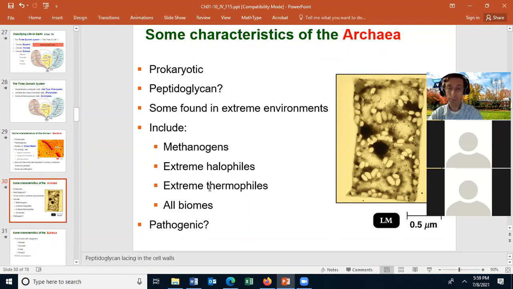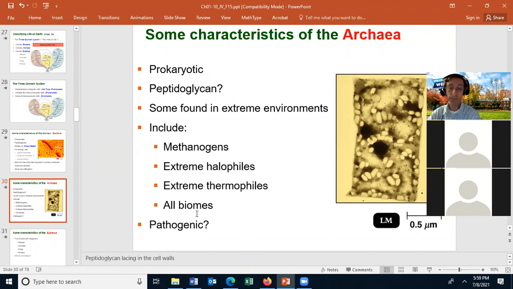Some of them can go above boiling water. Most of them are a little bit below boiling water, but the range would be about 95 degrees Celsius for the average temperature they're living at. And although this is true, you can find the archaea in these extreme environments.